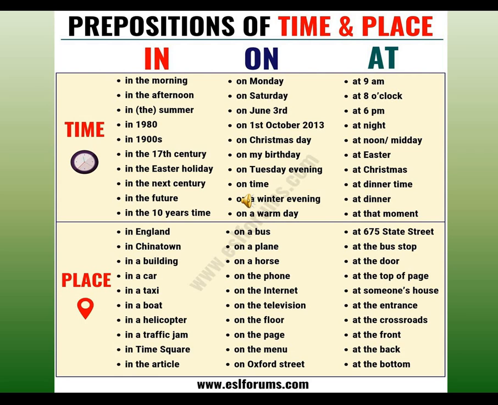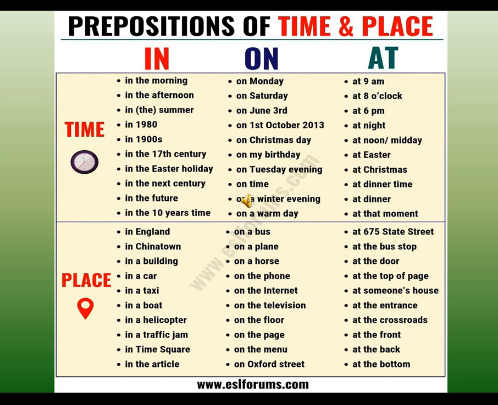In case of time, again, in the afternoon, and in case of place, in Chinatown. It's not just place names, but building, car, taxi, boat. You can also use the names of vehicles as well. So this is how we use the word in case of time and place.